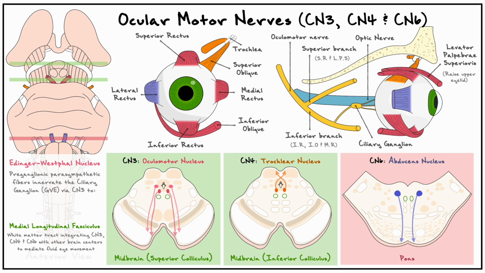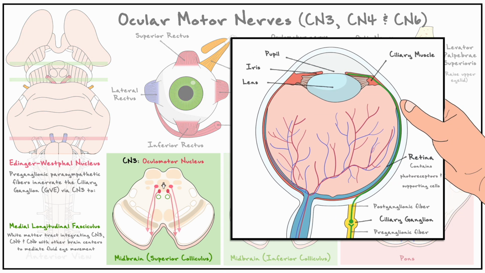By the way, remember that in the peripheral nervous system, ganglions are defined as a collection of neuronal cell bodies. Now, if we take a closer look at the eye, the ciliary ganglion contains postsynaptic fibers that, when activated by the presynaptic fibers of the Edinger-Westphal nucleus, will activate the ciliary muscle to constrict the pupil.